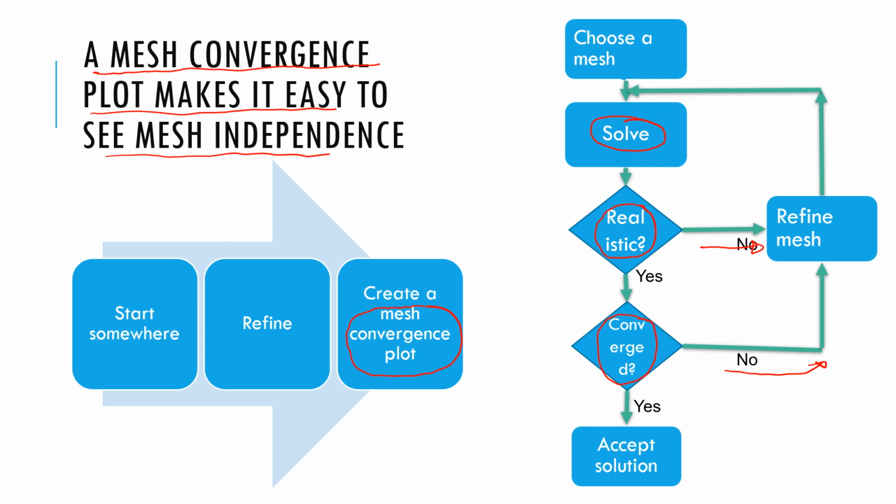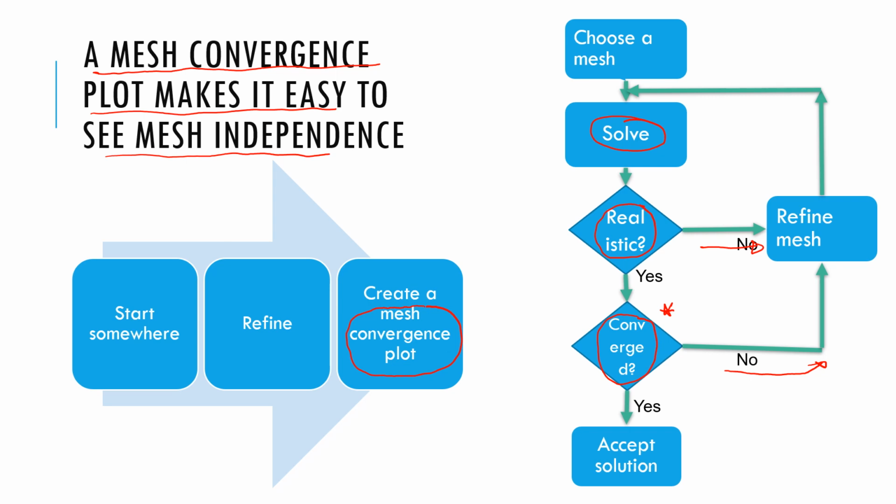By doing this, you're getting a solution every time, and you plot that with some mesh parameter, mesh size or the number of elements and so on. And so we'll see this in just a second.